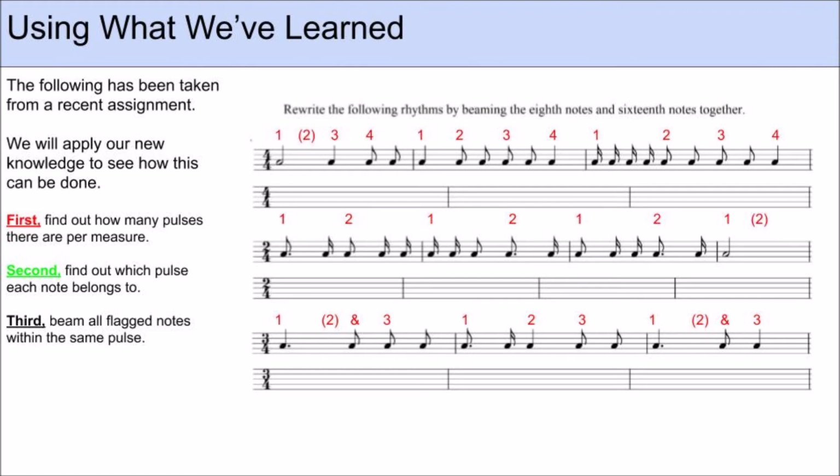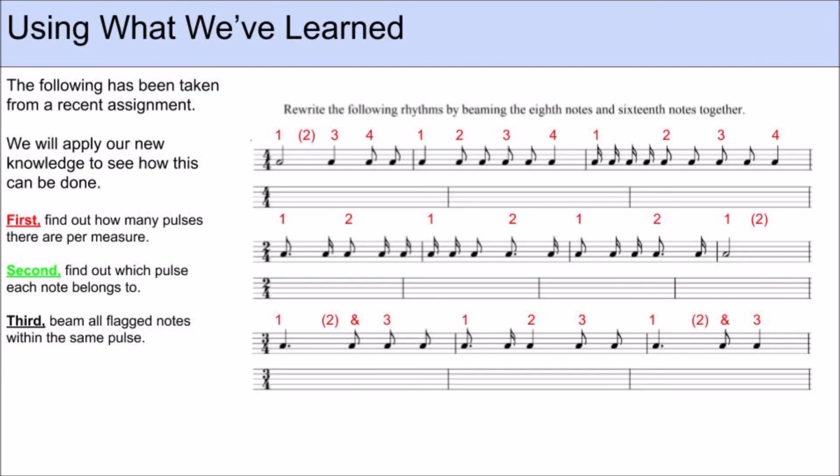So you have 1, 2, which is contained in the half note, and then 3, 4, with 1 being on the half note, 2 also being inside the half note, 3 is the first quarter note, and then beat 4 falls on that first eighth note.